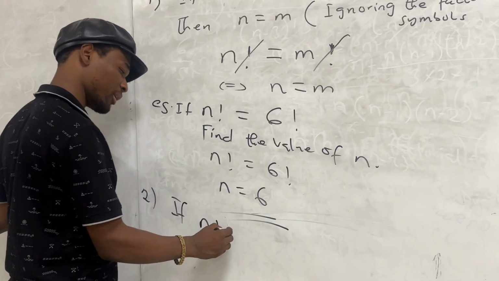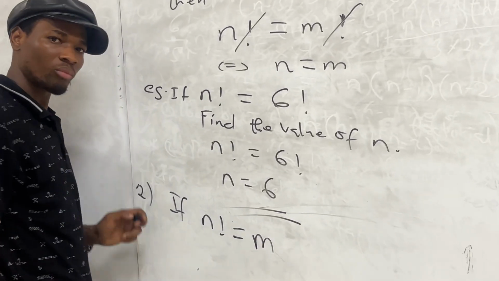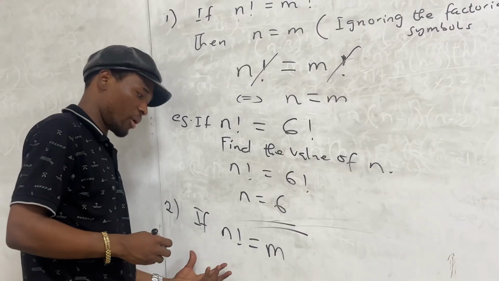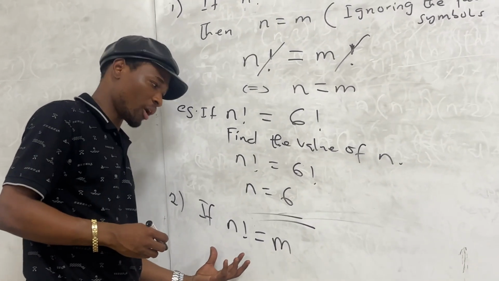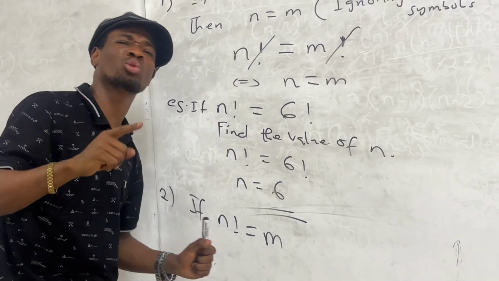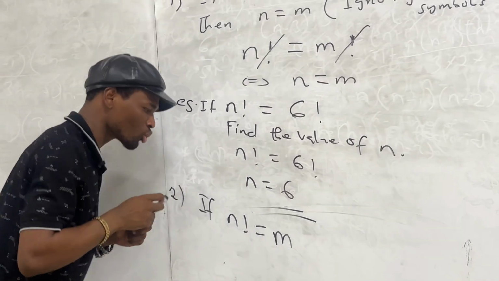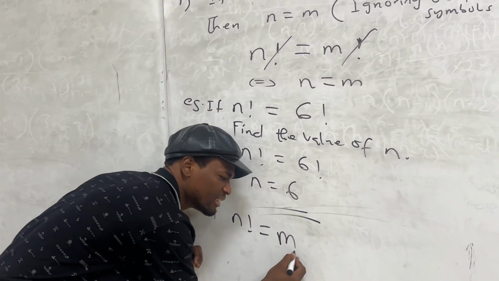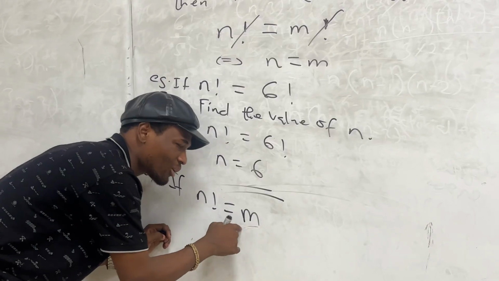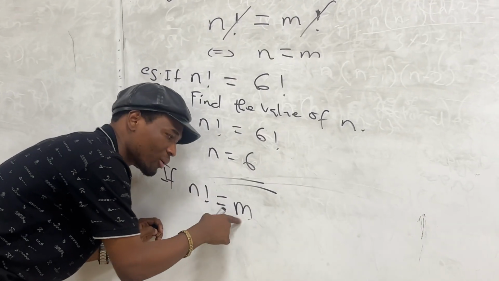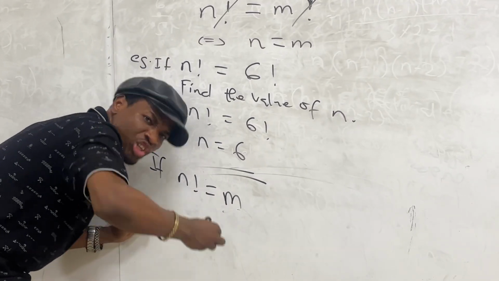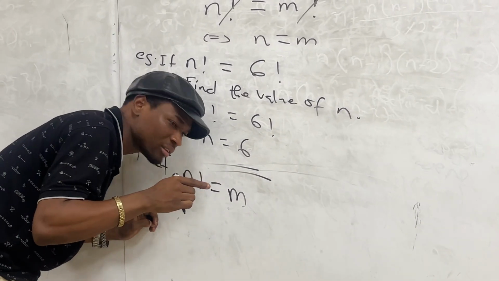Now the second case is if n factorial is equal to m. What does that imply? Here we have one side with the factorial sign, and on the other side we don't have the factorial sign. So viewers, you can't do anything over here. The only thing you can do is express the term without the factorial sign into a form that will introduce the factorial sign.